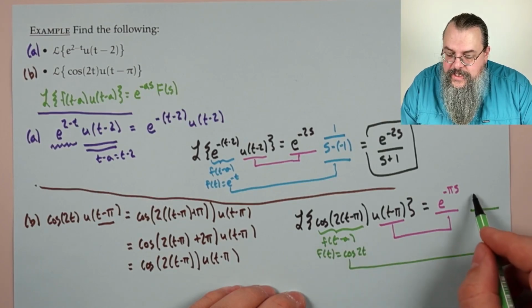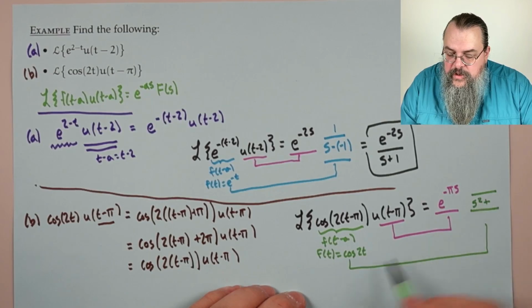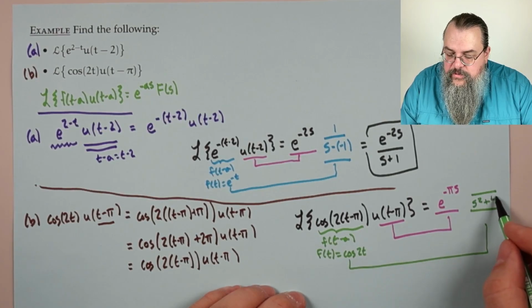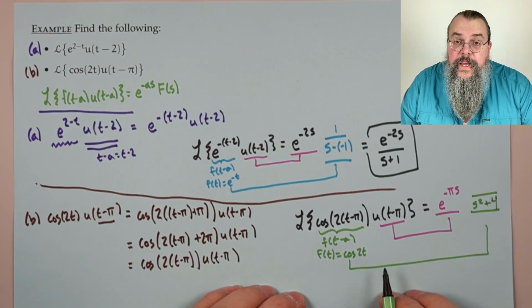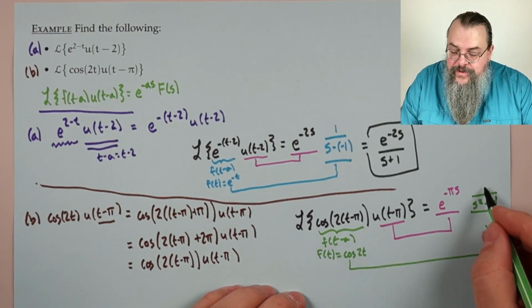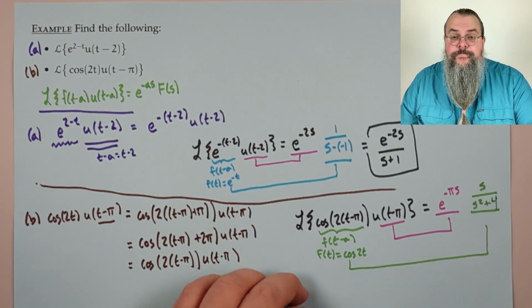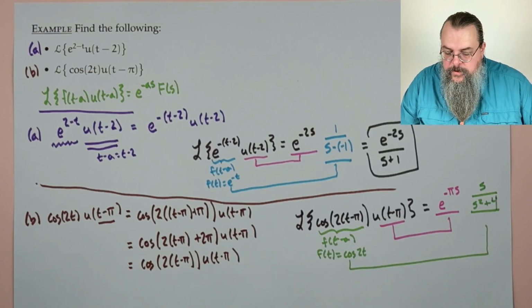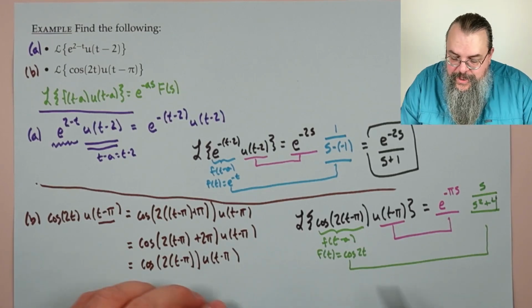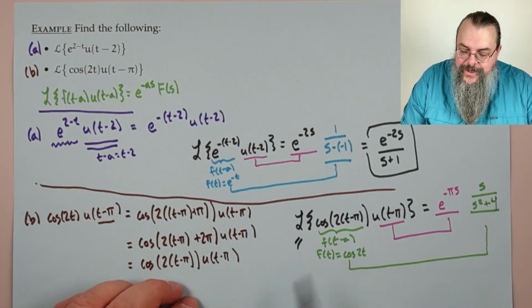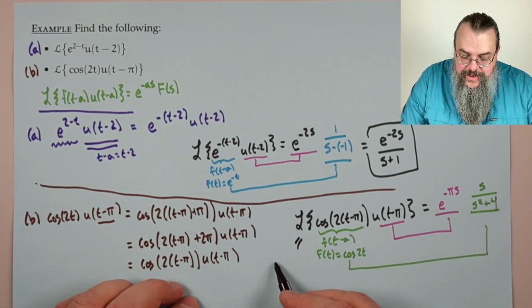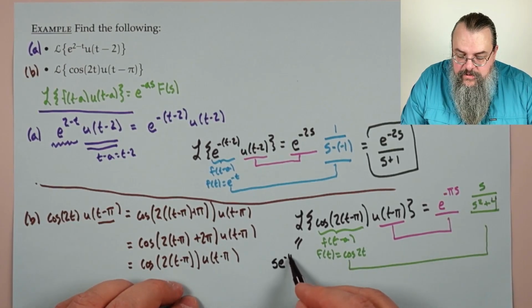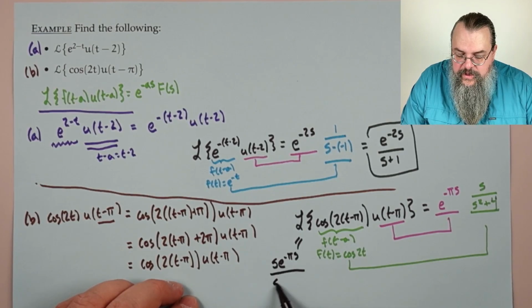For cosine, it's going to be s squared plus b squared. I'll write that as 4. Excuse me. And then on the top is s. All right. And well, okay, which becomes, we'll put it right here, multiplying these together, s e to the minus pi s over s squared plus 4.